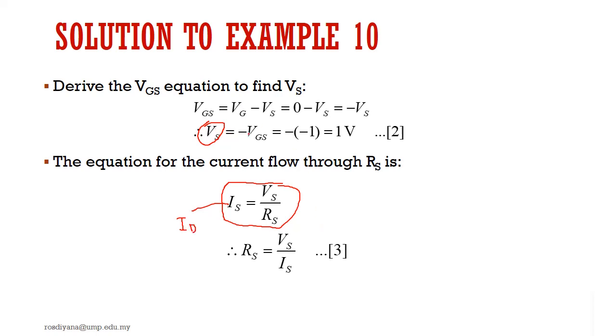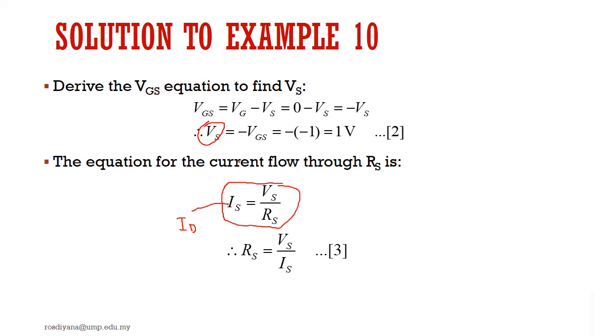We use VGS equal to VG minus VS. We know that VG equals 0, so VGS is negative VS. So now negative VS is equal to negative VGS, which is negative 1 here. So we get 1 for the value of VS. Remember that VS is not 0 because we have RS there.